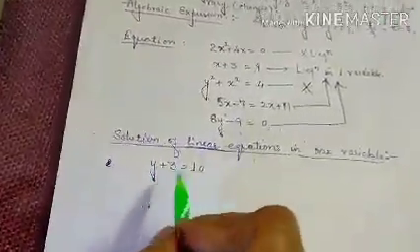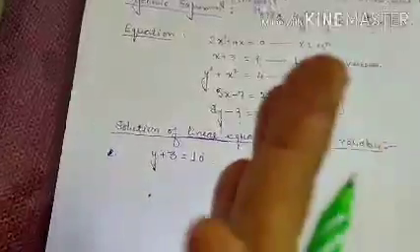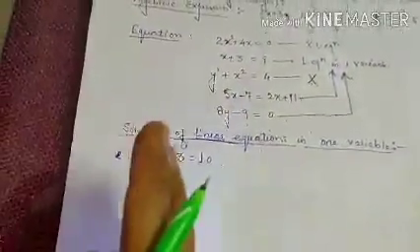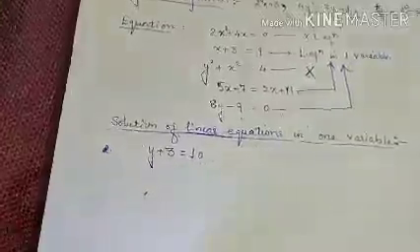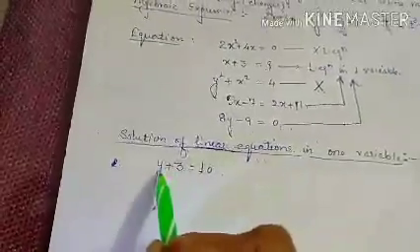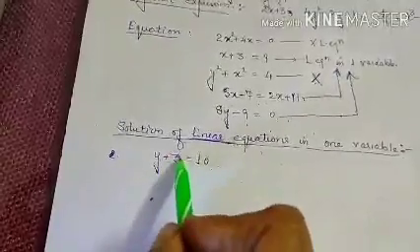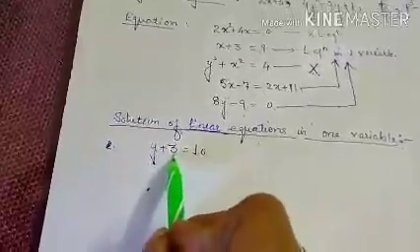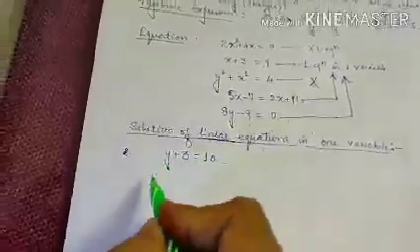Here, to solve the equation, we have to put the variable on one side and all other things on the other side. Here we have plus 3. So what will we do to remove it? We will do minus 3, and it should be done on both sides, on the left side as well as on the right side.